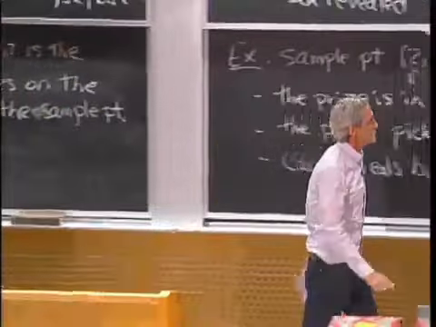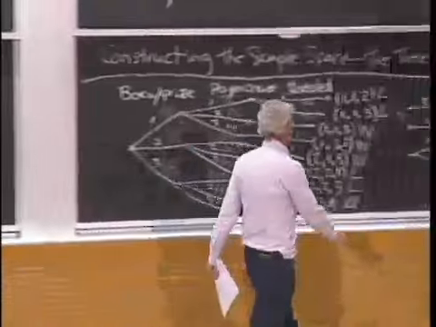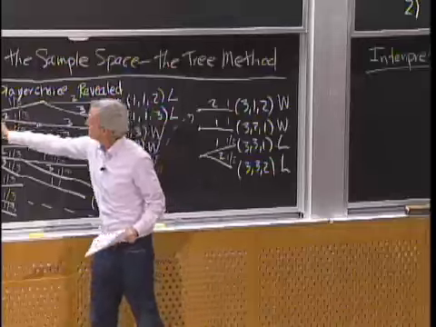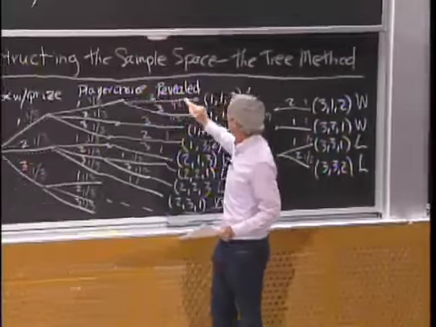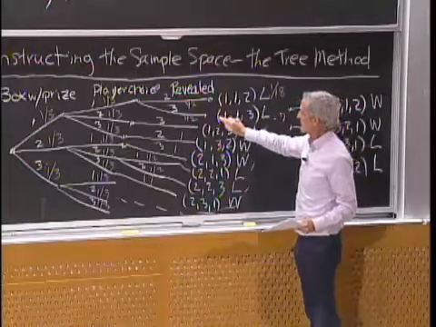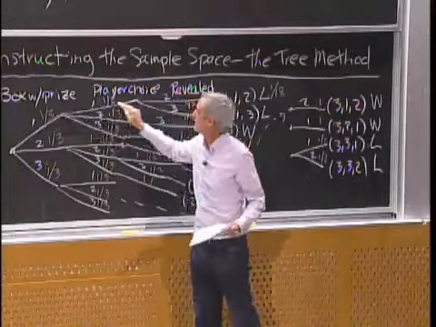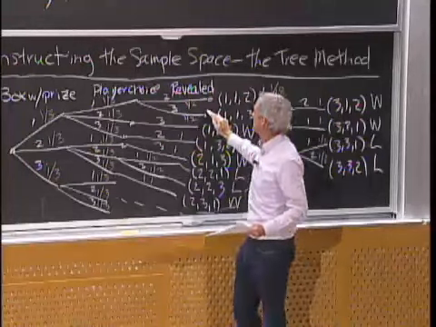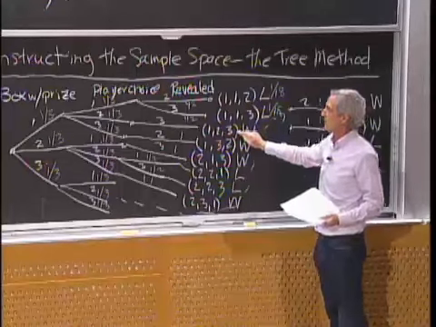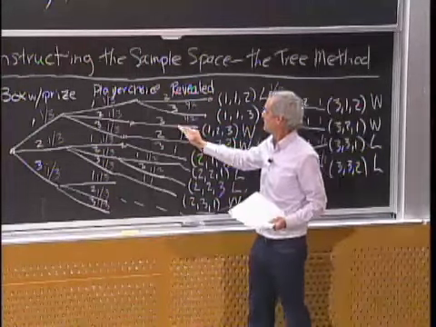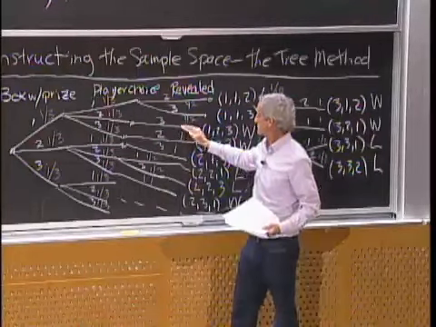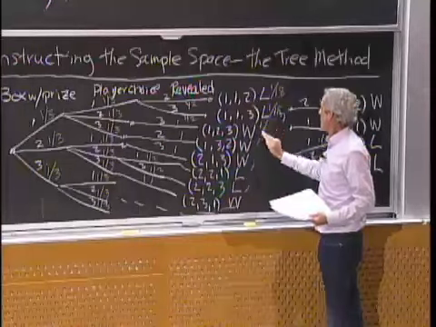Okay, so what this says is just really, really simple. The probability of this sample point is 1/3 times 1/3 times 1/2, 1/18. Probability of this sample point is 1/3 times 1/3 times 1/2, 1/18. What's the probability of this sample point going to be here? 1/9. I get 1/3 times 1/3 times, well, this guy was 1, is 1/9.